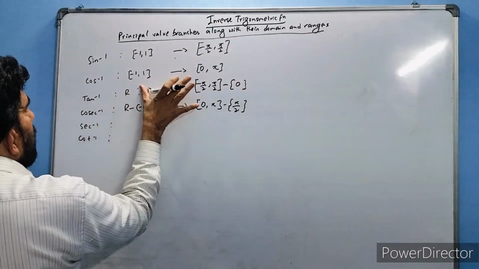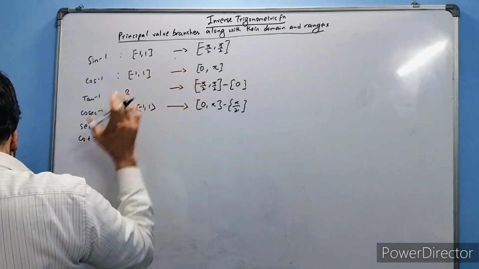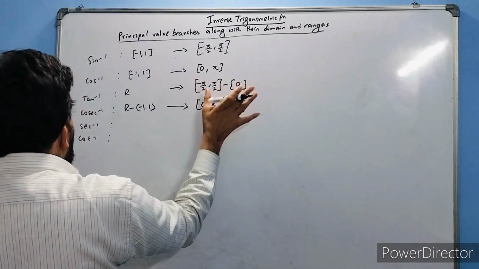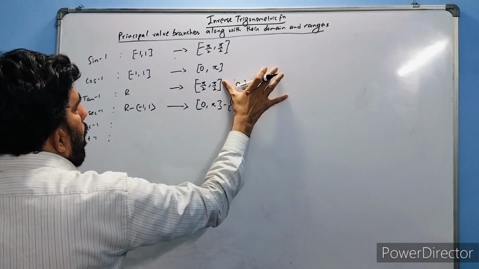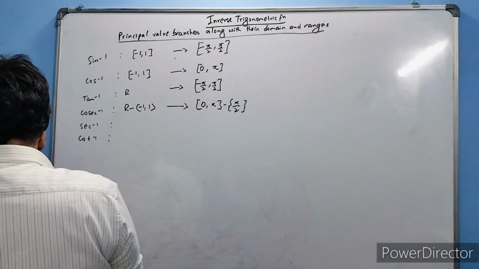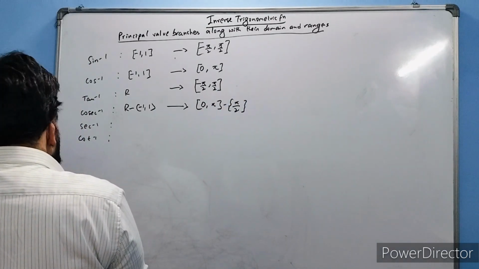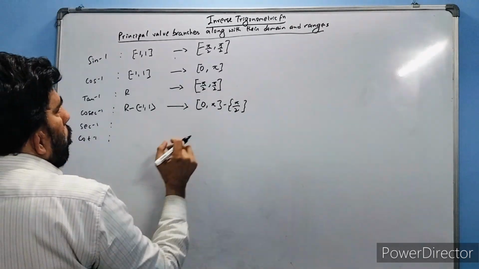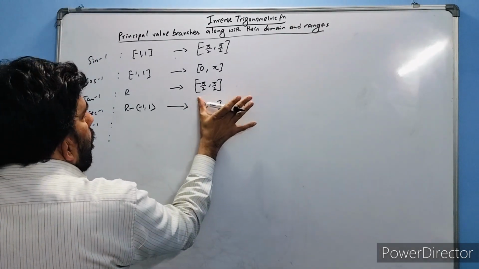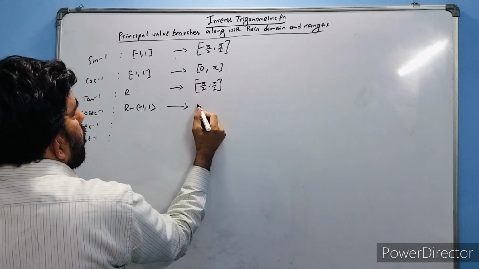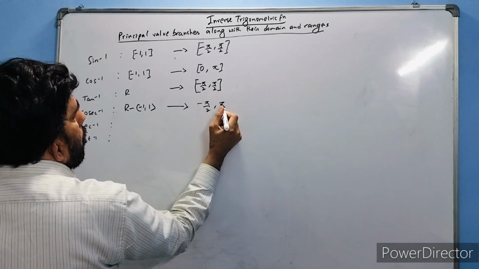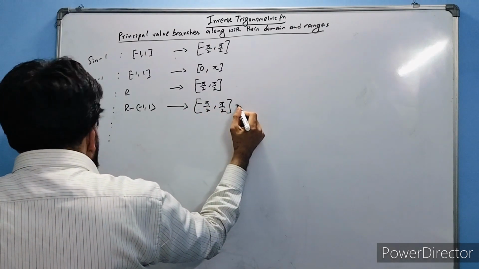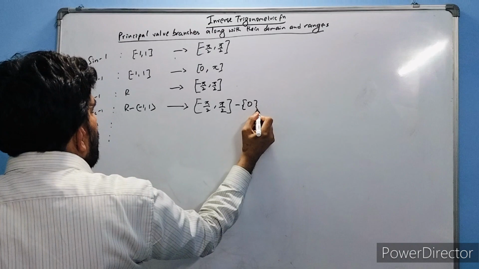For tan inverse the domain is only R, and the range is minus pi by 2 to pi by 2, it doesn't include the end values. Now for cosec inverse we have R minus pi by 2 to pi by 2. Oh, this is not right, this is for the sec inverse. Then we have 0 for the cosec inverse.